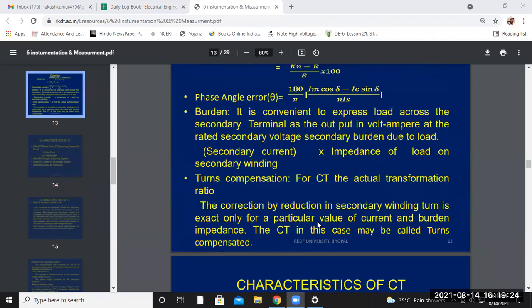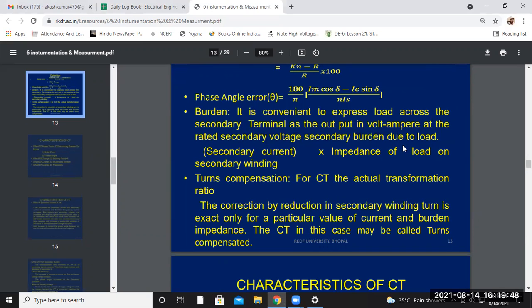From the burden, you can see it is convenient to express the load across the secondary terminal voltage, the secondary burden due to load. That means how much load is given to the secondary side of the instrument transformer.